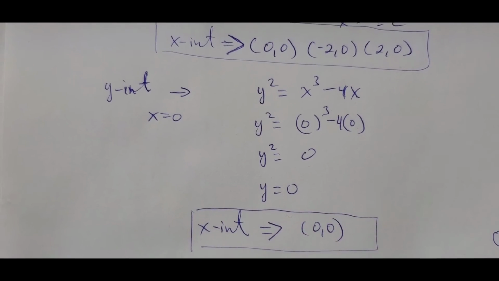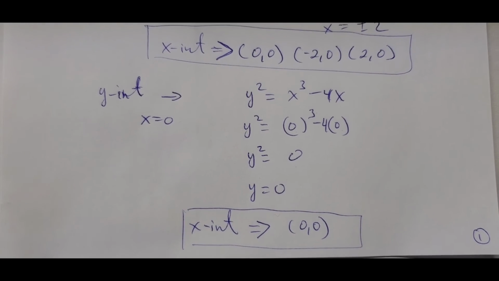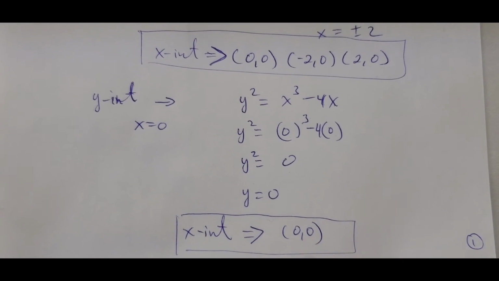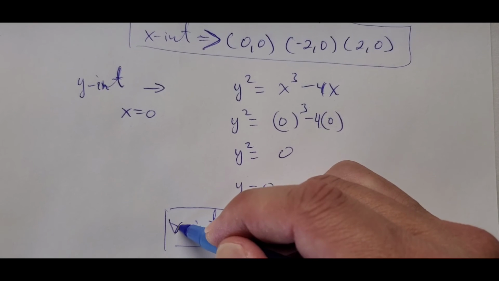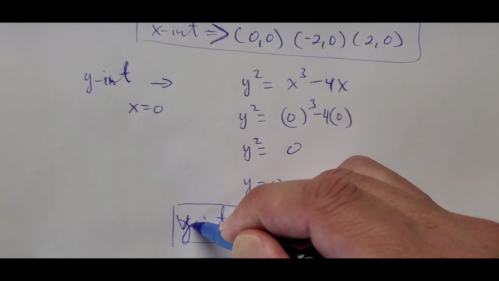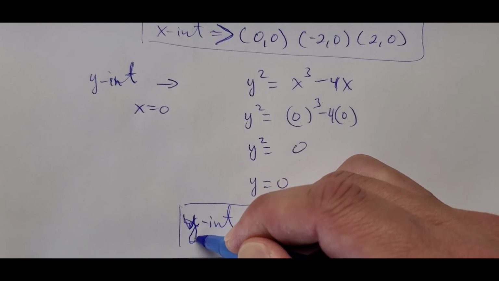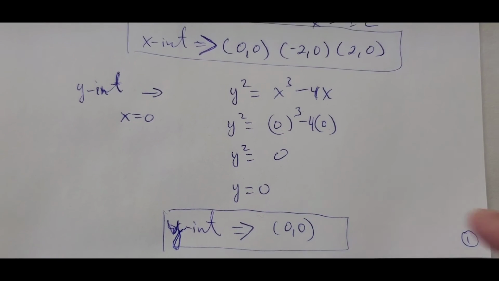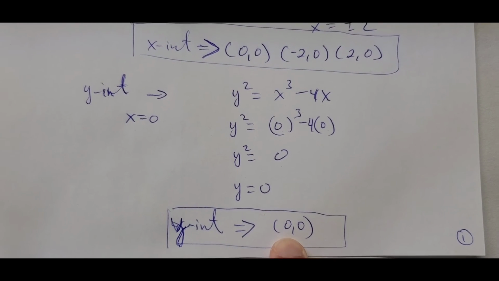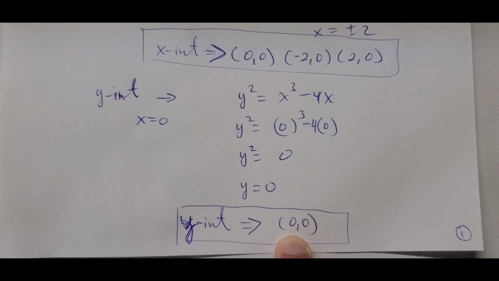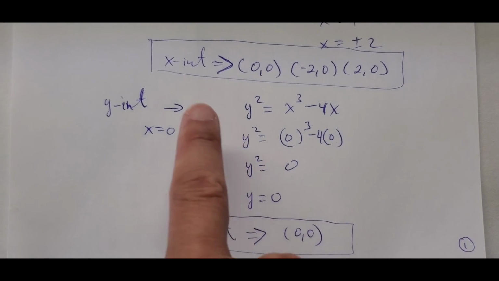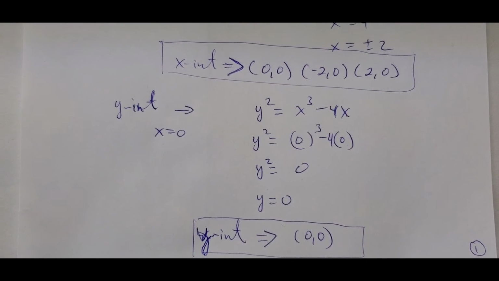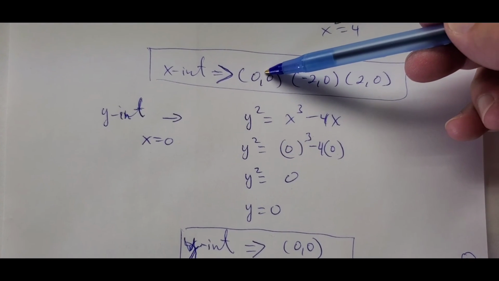Now also, if you look very carefully, let me make this a little bit better. This should be the y-intercept, sorry. So the y-intercept should be 0, 0. If you look very carefully, it just happened that the y-intercept and one of the x-intercepts are in the same spot.